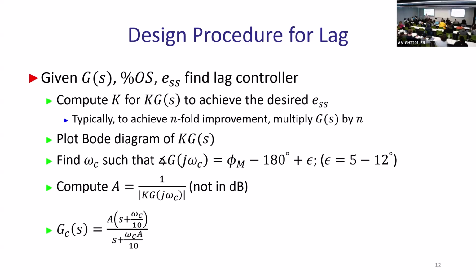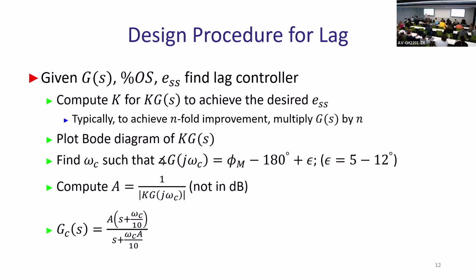And here is a formula which identifies all of the values for my controller. The controller will look like that. It will be the gain A, amplification, times S plus omega C divided by 10, over S plus omega C times A divided by 10. The number 10 you can play with. It's 1 decade before omega C, which means it needs to be far away to the left from my phase margin.